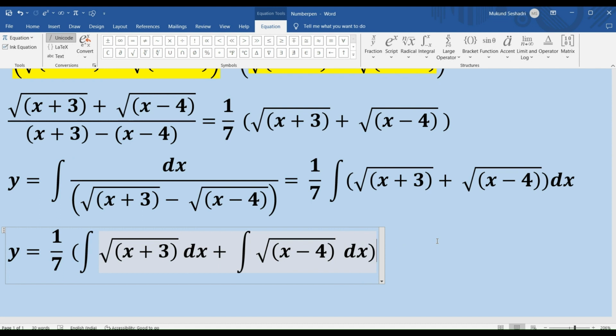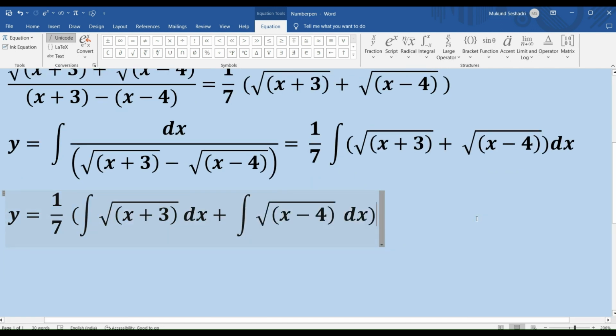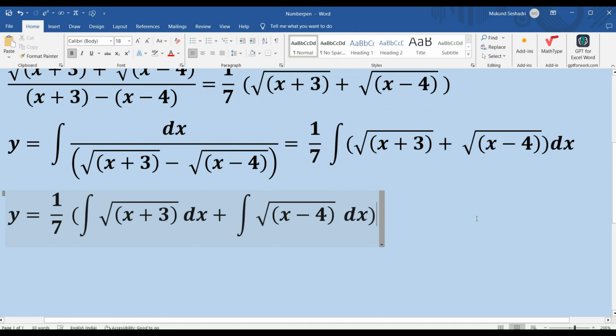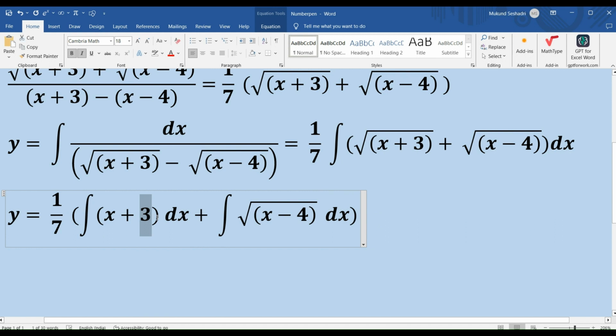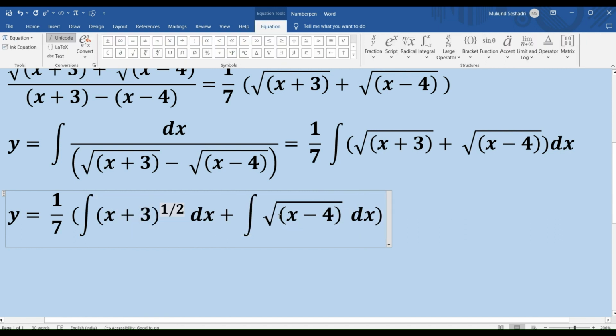So all that we have done is applied the sum rule of integration. And now it becomes a lot simpler to us because I know that my square root of x plus 3 is nothing but x plus 3 whole power half, right? And similarly, my square root of x minus 4 is nothing but x minus 4 to the power half, right?